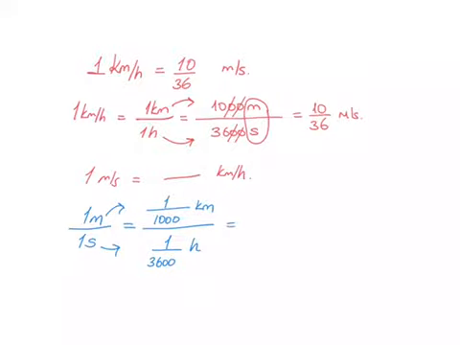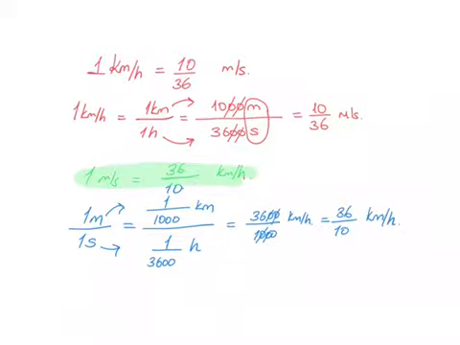So in short, I have 3600 over 1000 kilometer per hour, which in short is equal to 36 over 10 kilometer per hour. So 1 meter per second is equal to 36 over 10 kilometer per hour. You can use these ratios, but what's important here is how you use these mathematical calculations.